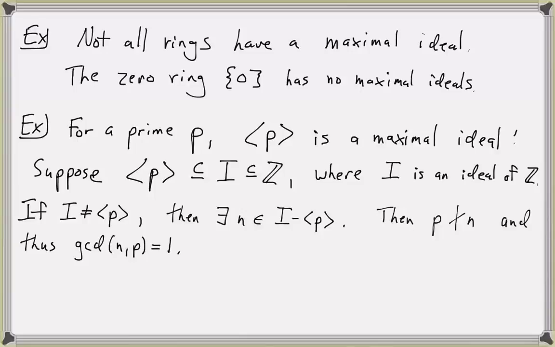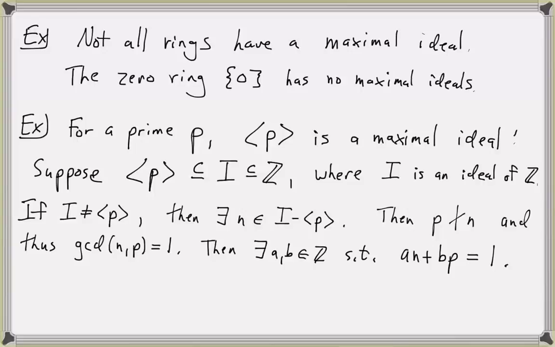Well, if the greatest common divisor is 1, then I can find an integer linear combination of n and p that equals 1. That is, there exist integers a and b such that a n plus b times p equals 1.